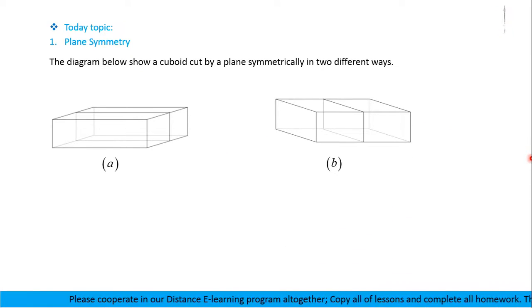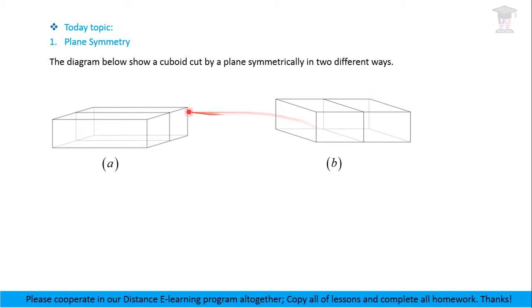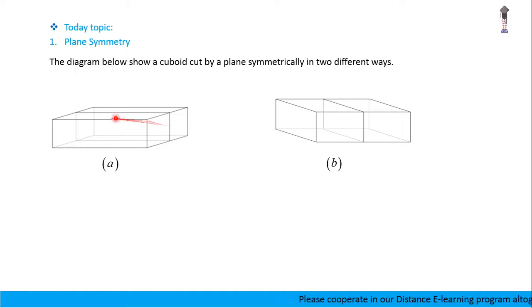Okay, this is just the second figure, also a cuboid, but one is cut on the longer surface, and this one is cut on the shorter surface. So the figure here is cut by this plane. This figure is also cut by this plane.